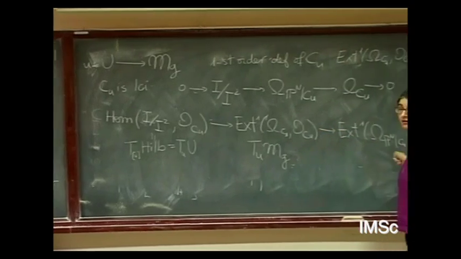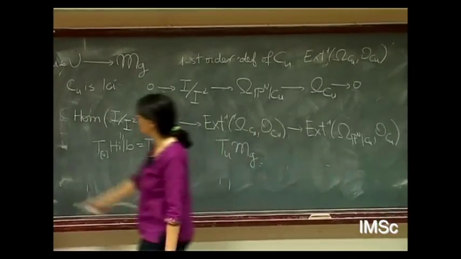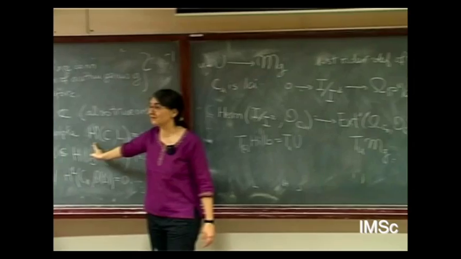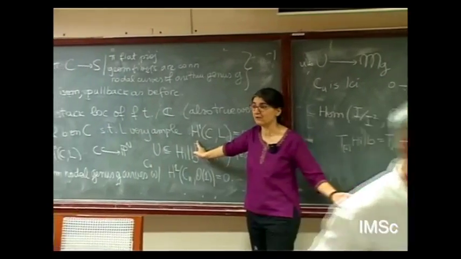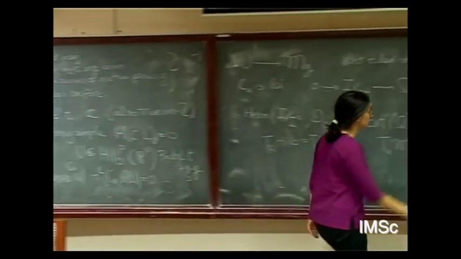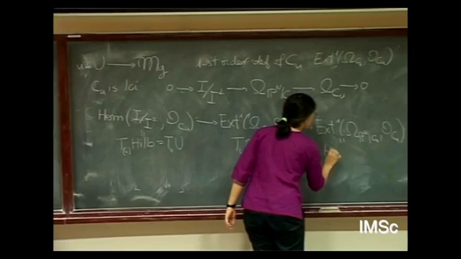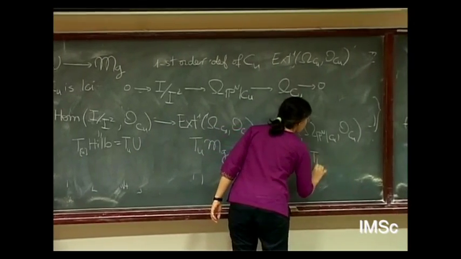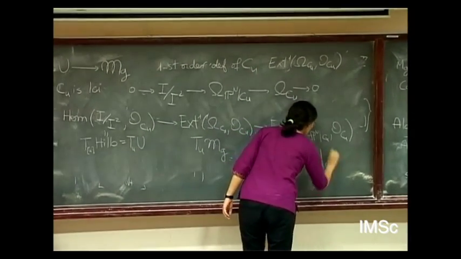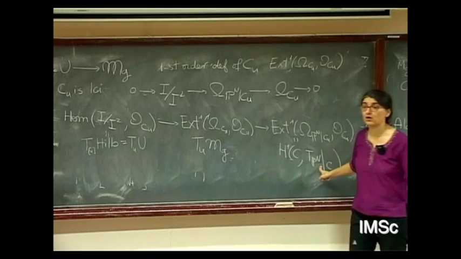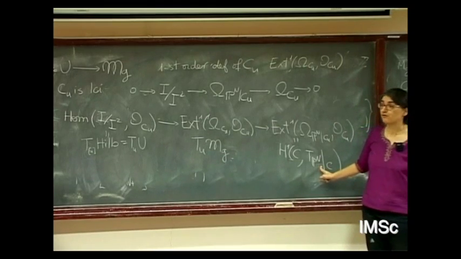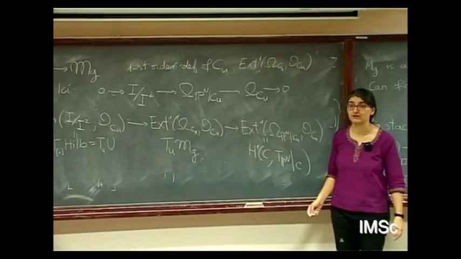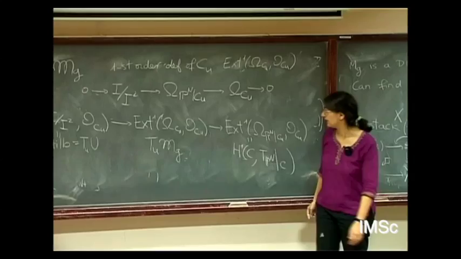And this is 0 because I have made this assumption. You just use the Euler sequence and dualize. This is H1 of C, T_P^n restricted to C, and T_P^n is a quotient of a direct sum of O(1). So if those have no first cohomology, then this one doesn't either.